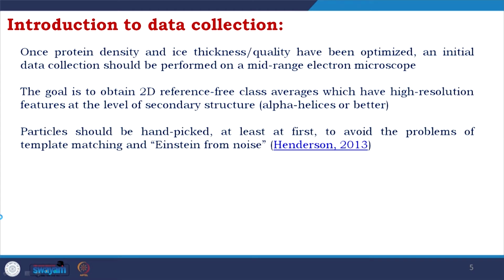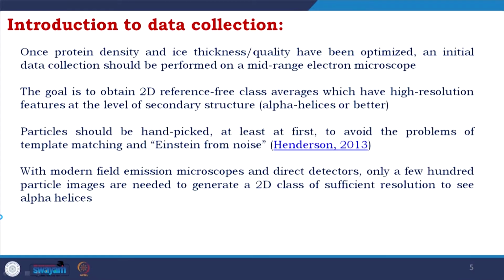Particles should be hand picked, at least at first, to avoid the problem of template matching and Einstein from noise, which is the criterion of Einstein overfitting we used to say. With modern field emission microscopes and direct detectors, only a few hundred particle images are needed to generate a 2D class of sufficient resolution to see the alpha helices.